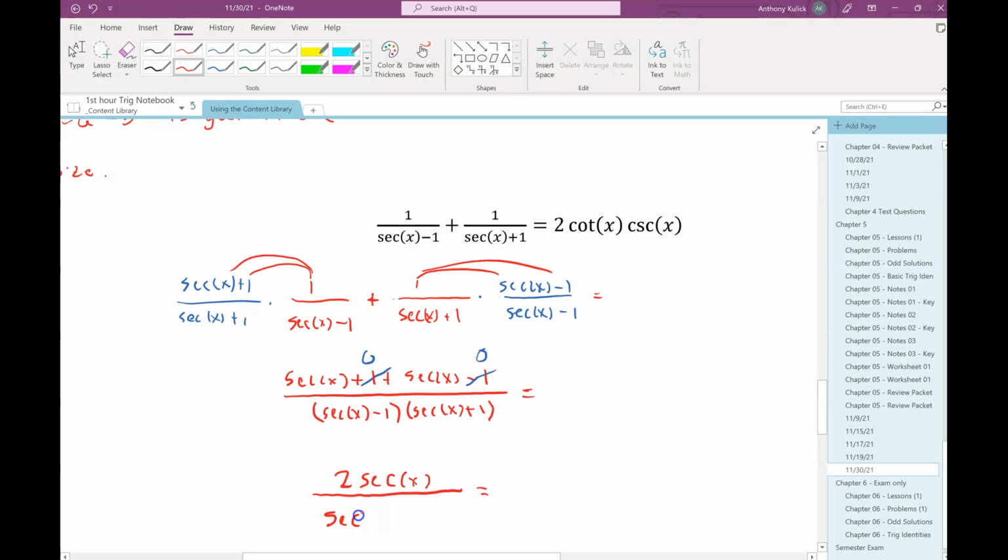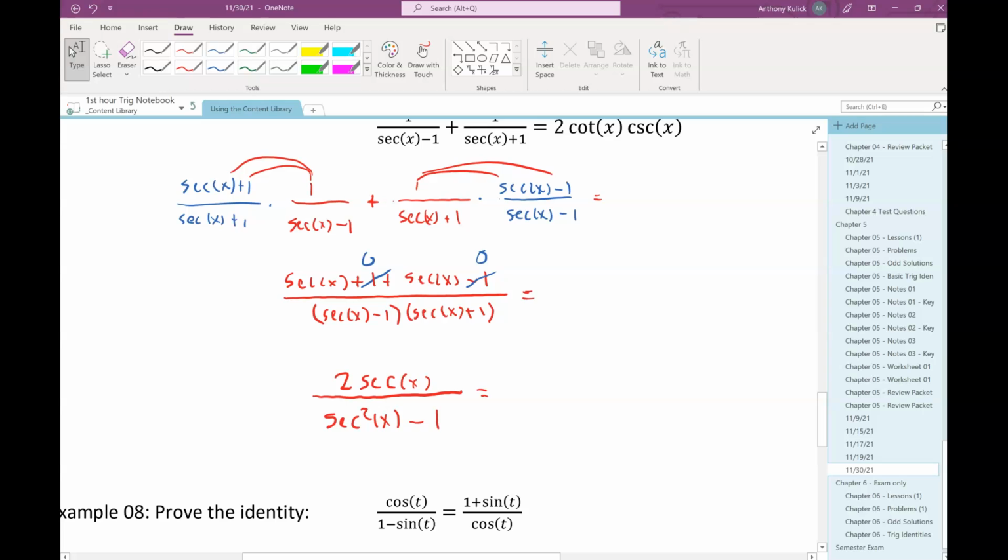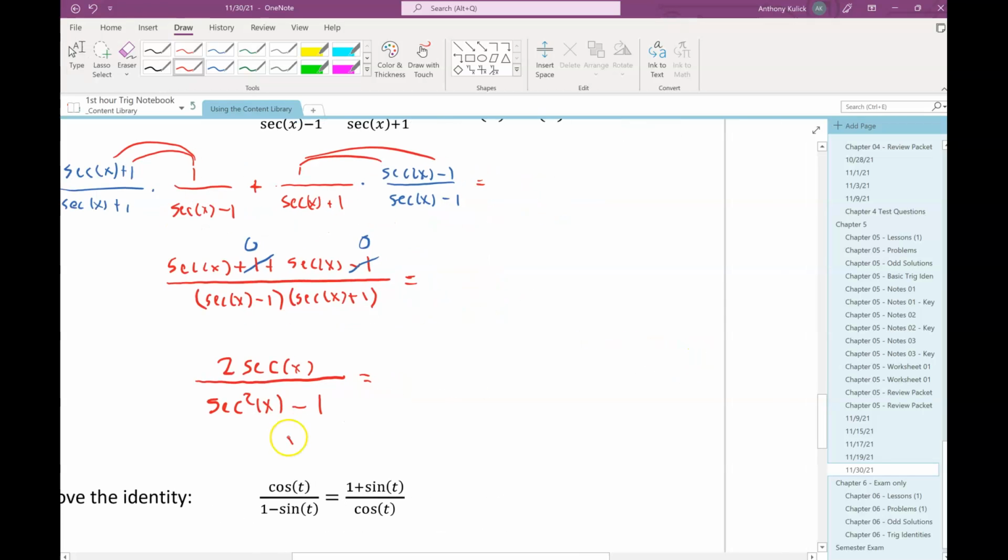Or really secant squared x minus 1. Now, if you FOILed that all the way out, you'd end up at the same spot eventually, but you'd have a little bit more reducing to do. And I'm going to start a new column over here because I'm running out of space.